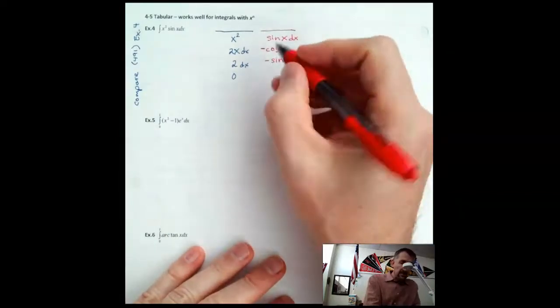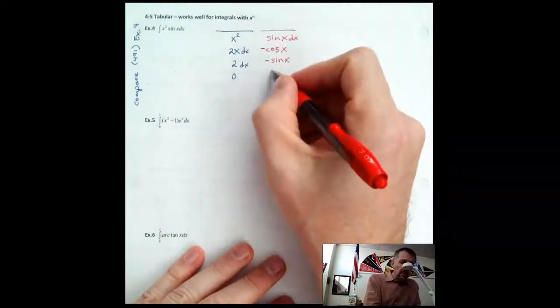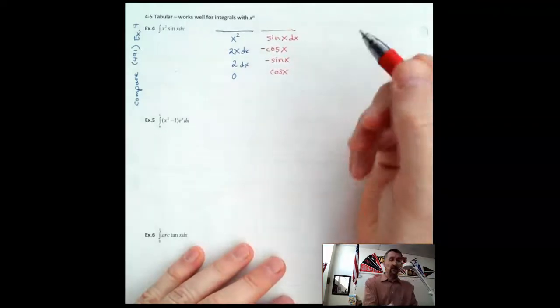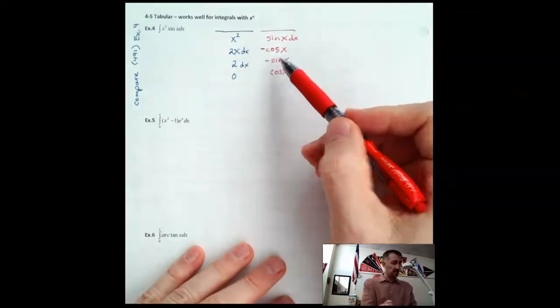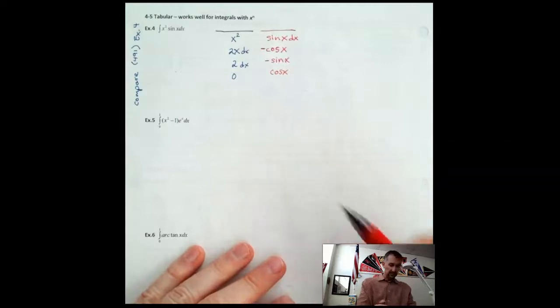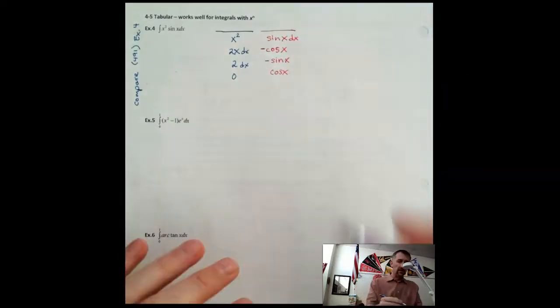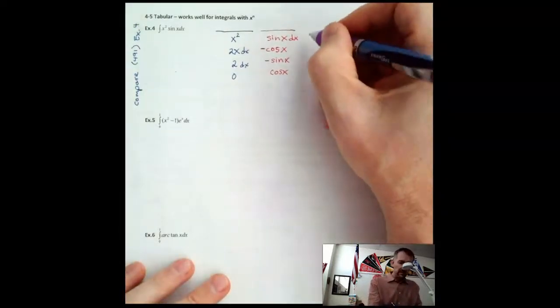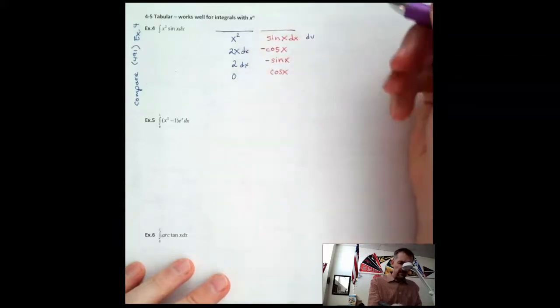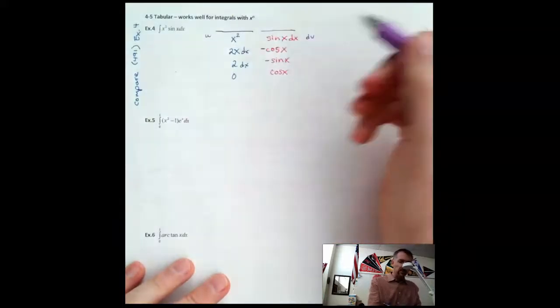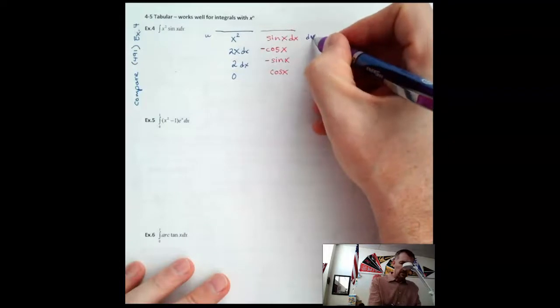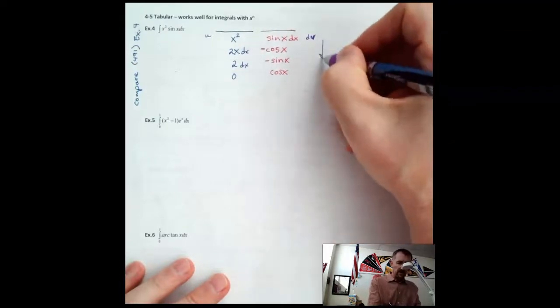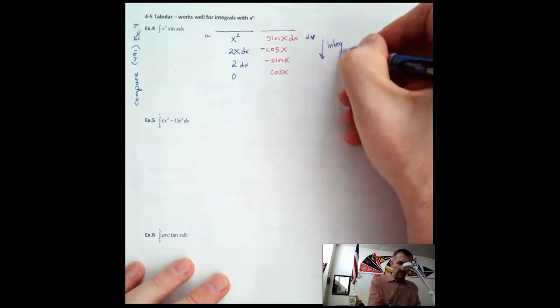And then stepping back from there, the integral of that would be cosine, because we take the derivative of cosine, we get negative sine. So that's nice. Remember, we're integrating on this side. That's dv. That's u. And we're integrating on this side, and we're taking the derivative on the other side.